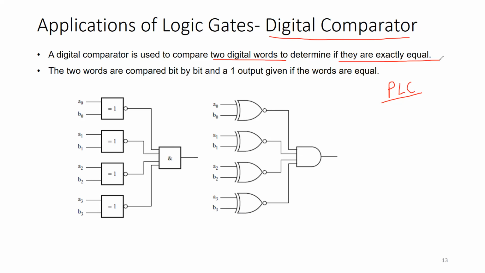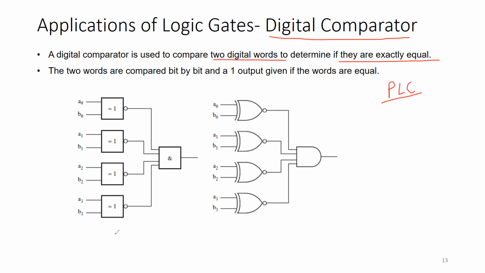Once the processing has been completed, only then should the other set of objects come. There we can use a digital comparator. So there are a number of applications for a digital comparator: comparison of values, and then giving an output signal.